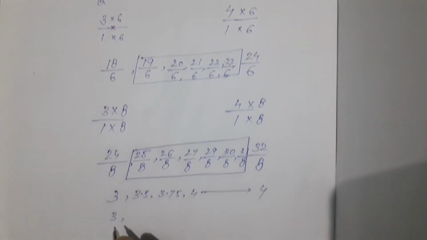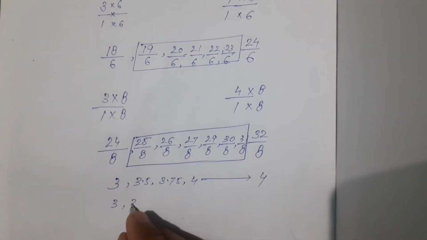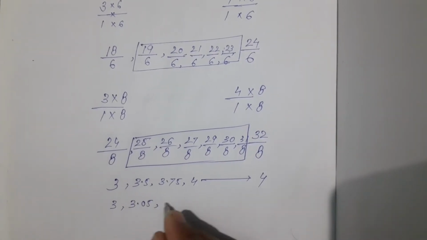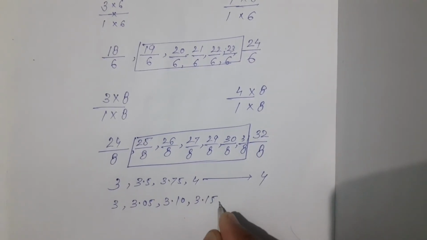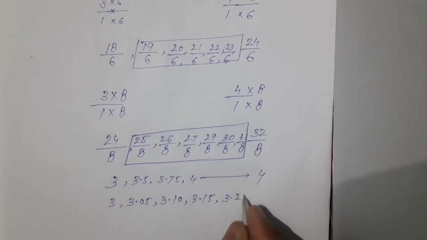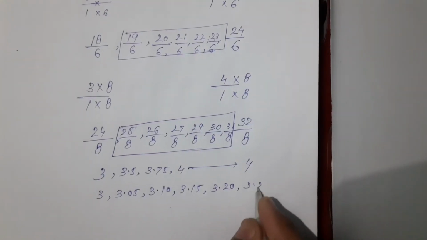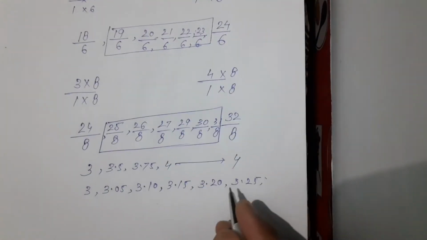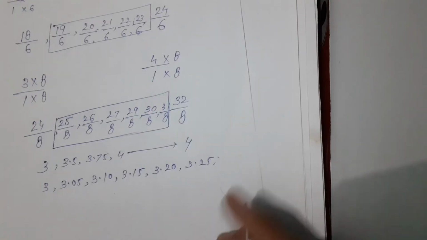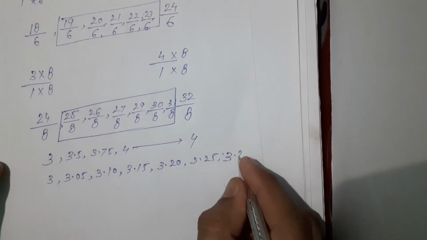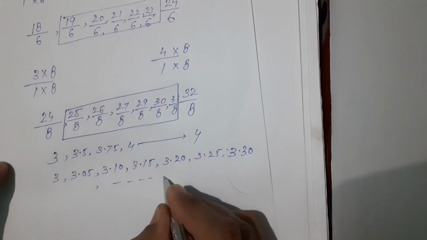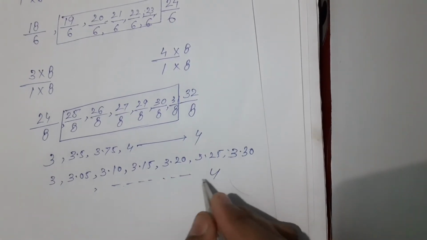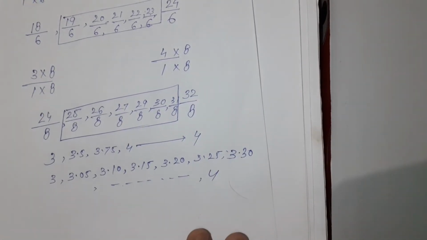Or you can write many rational numbers between the given two numbers: 3.01, 3.10, 3.15, 3.20, 3.25, 3.30, and up to 4.